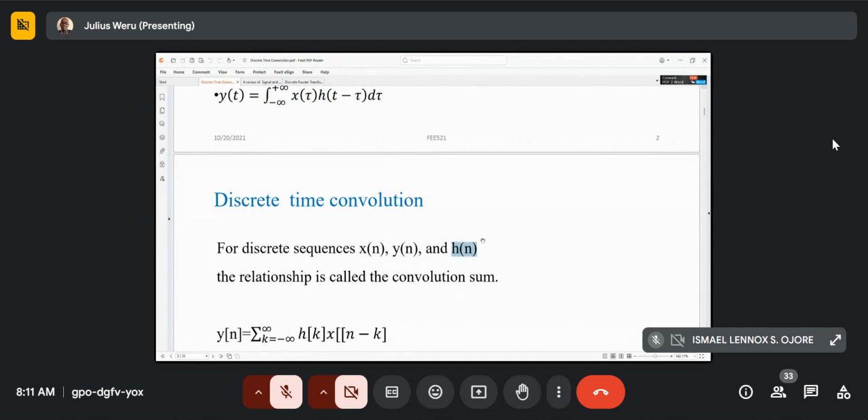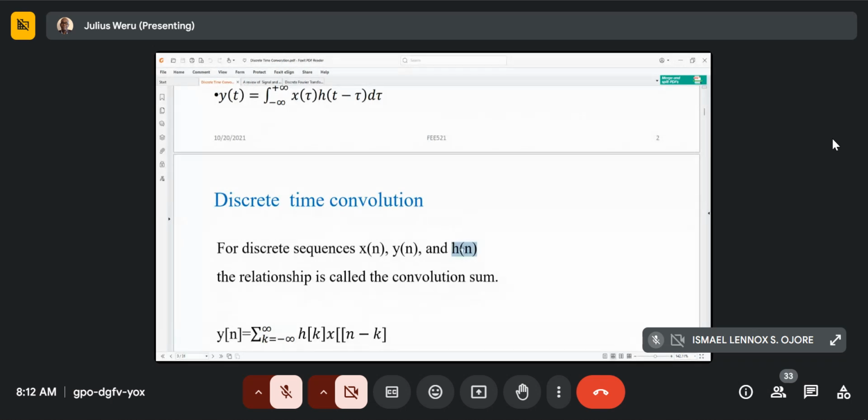What you are seeing is that this sequence is the output of the LTI system when you give it the impulse signal or the unit sample signal.